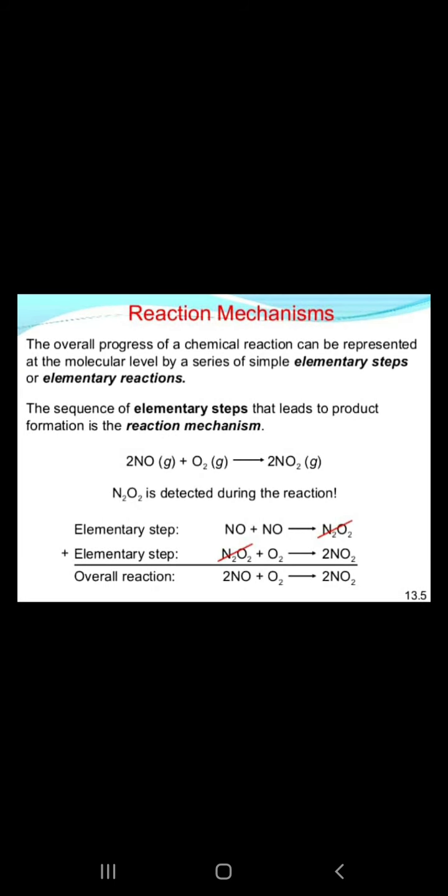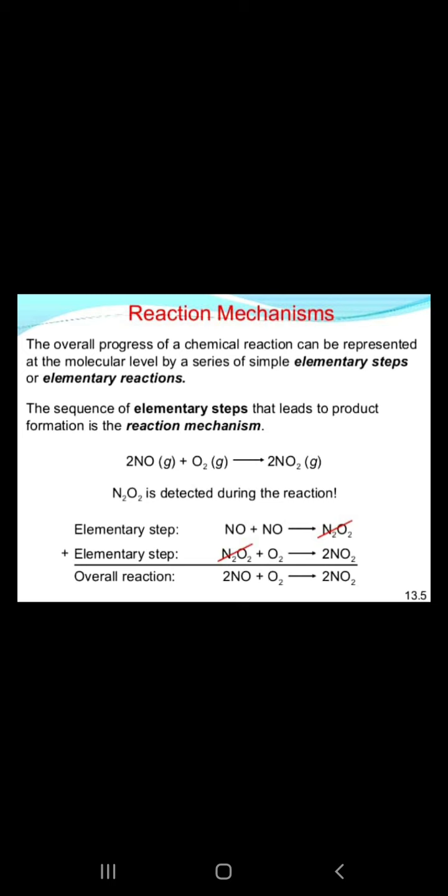Reaction mechanism. The overall process of a chemical reaction can be represented at the molecular level by a series of simple elementary steps or elementary reactions. The sequence of elementary steps that leads to the product formation is the reaction mechanism. For example, 2NO plus O2 gives 2NO2, and N2O2 is detected during this reaction. Clear?